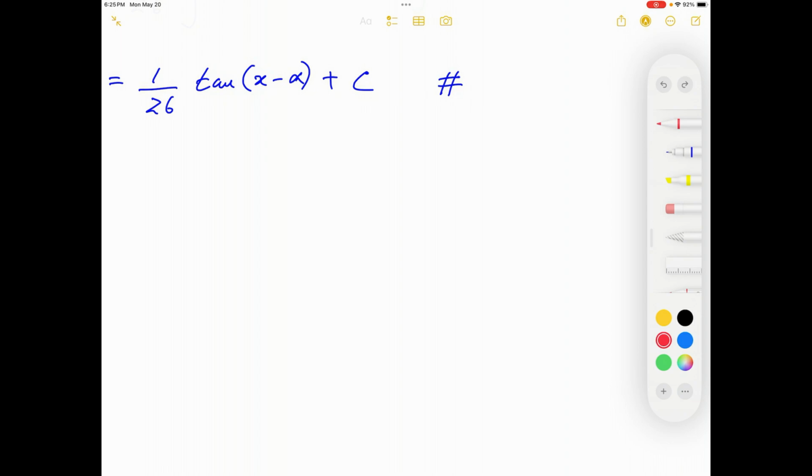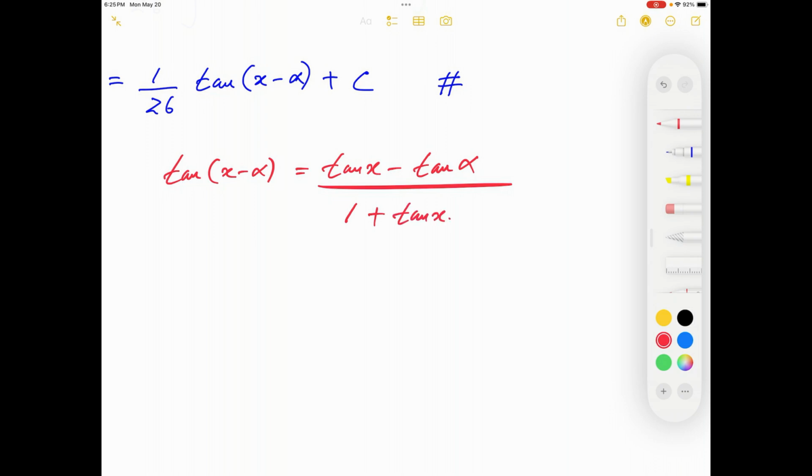So let's first find the tangent x minus alpha term. We know tangent x minus alpha should be equal to, using the tangent a minus b identity of trig, tangent x minus tangent alpha, all divided by 1 plus tangent x times tangent alpha.